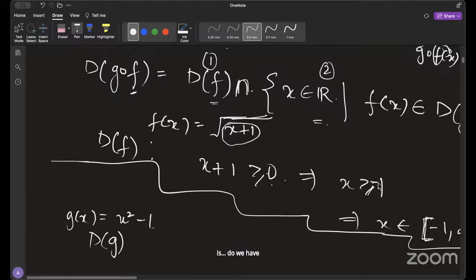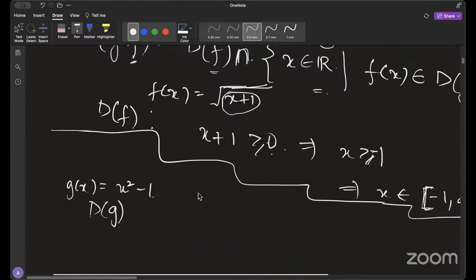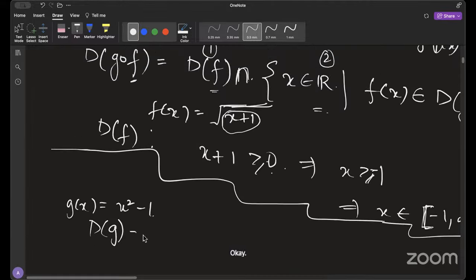Do we have a confusion in why -1 is also a valid choice for x here, and why it should be in the domain of f? The domain of g is this function, x squared minus 1.